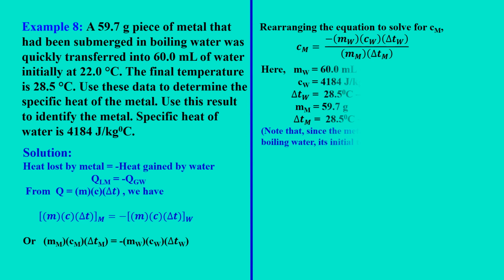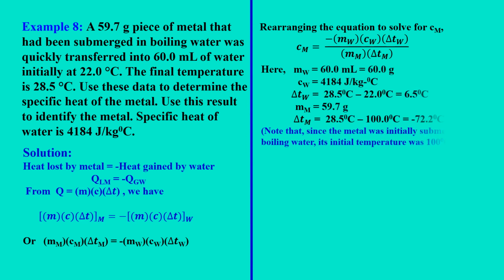Here, we are given the following values. Mass of water, 60 grams. Specific heat of water, 4,184 joules per kilogram per degree Celsius. The change in temperature of water is 28.5 minus 22.0, 6.5 degrees Celsius. The mass of the metal is 59.7 grams.